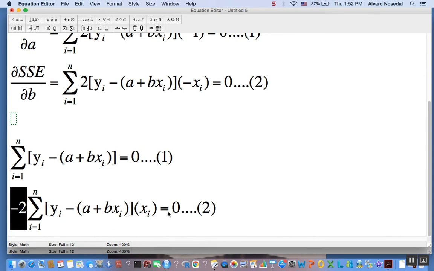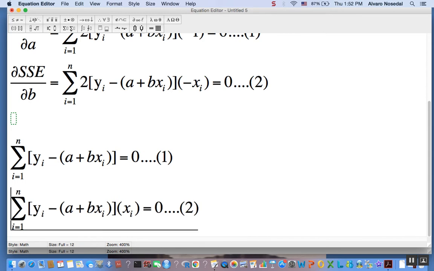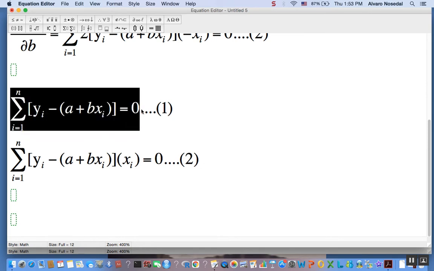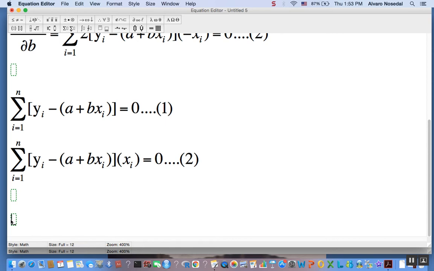We could divide both sides by -2, and that's an equivalent equation to the one that we had at first. Okay? Now, let's try and solve for A and B. Okay? Here we go. Let me expand this one.